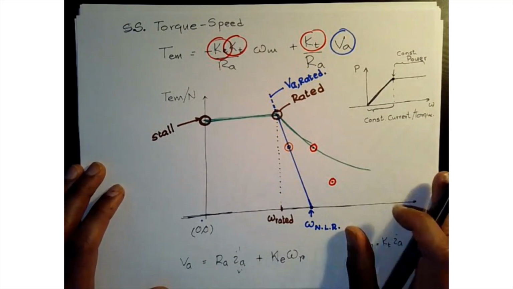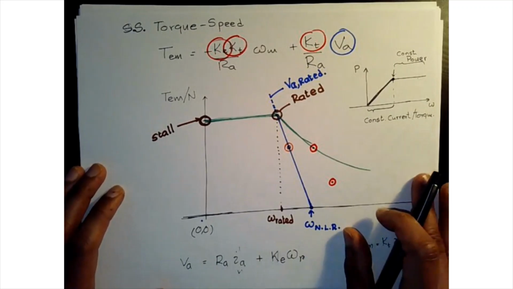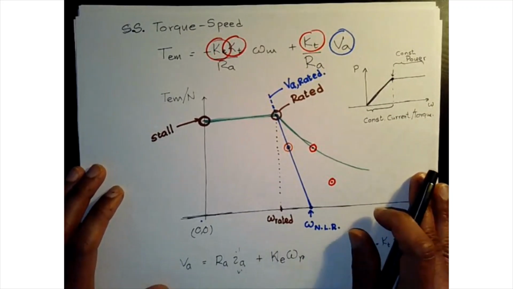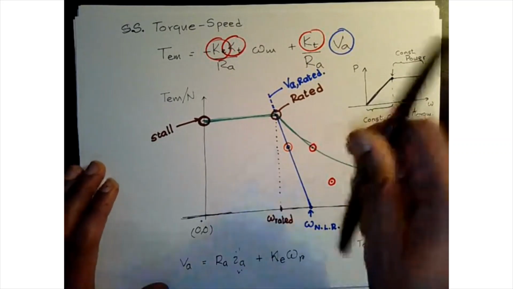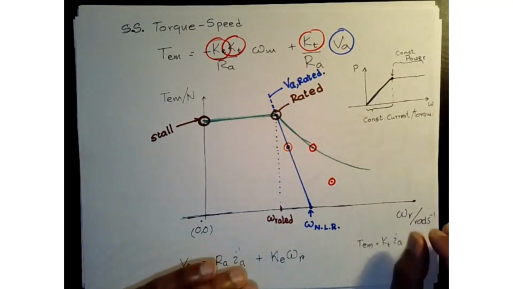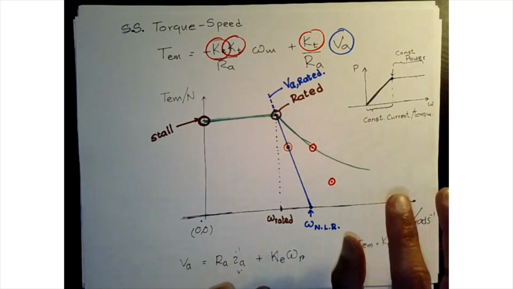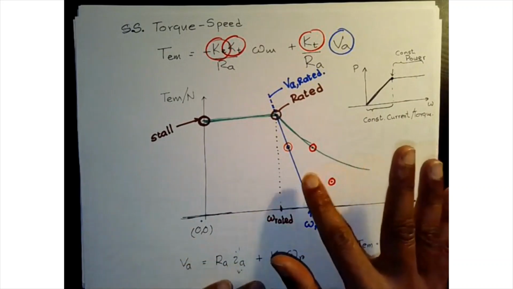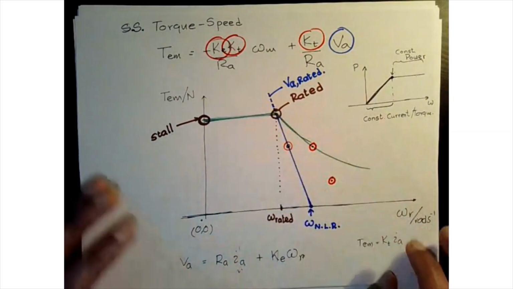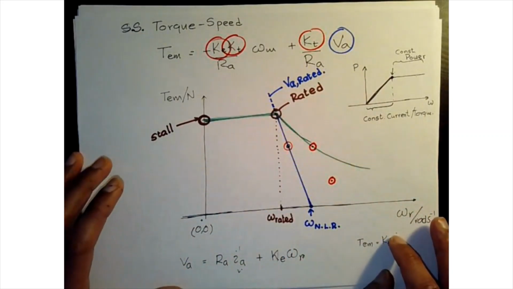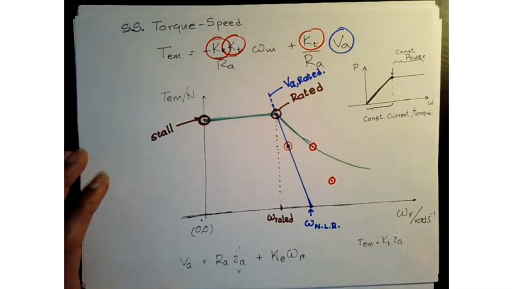So we need to look at one more thing here. When we changed Ke, what will happen to our characteristic curve, the motor operating curve? Will it stay the same?